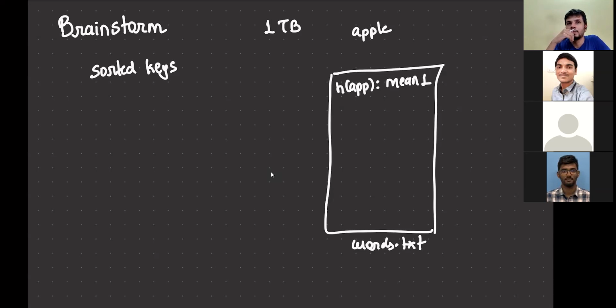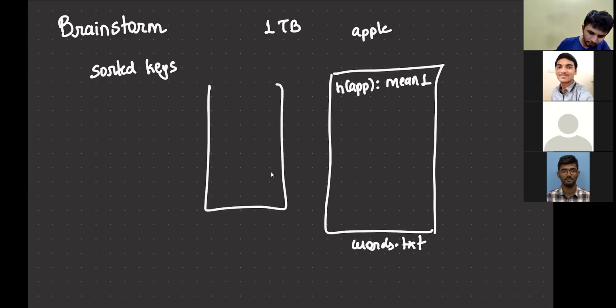The word will generate the hash. But then you need to have the word stored somewhere, no? Yeah, that's true. Can we have another table which has a mapping for word and hash?